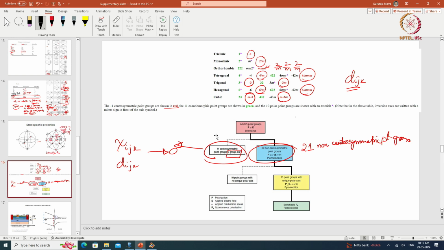Maybe we will stop this lecture here. So far we have classified all the point groups. We said point groups are very important, the properties of crystals depend on point groups. We have classified them based on several crystal systems. We said 21 of them are non-centrosymmetric.